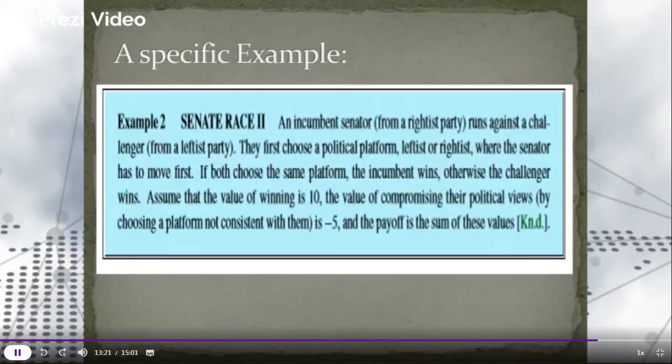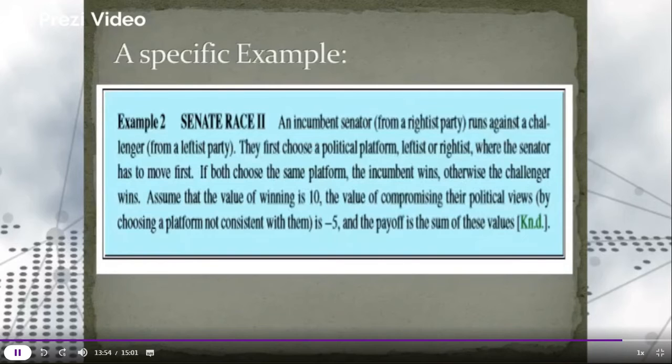Now assume that the value of winning is 10. So if any one of them wins, either incumbent or the challenger, they get 10. But what do we mean by the value of compromising their political views? If we know that the senator is from the right party and the challenger is from the left party, but the incumbent suddenly shifts to left or is forced to shift to left, or the same for the challenger, if he is forced to shift to right, then they are compromising their political views.